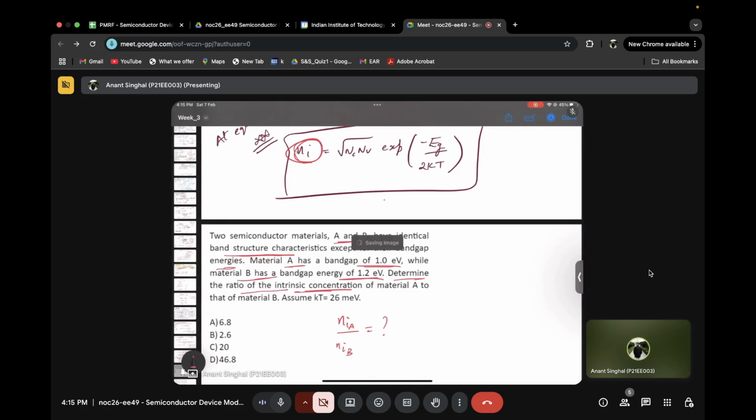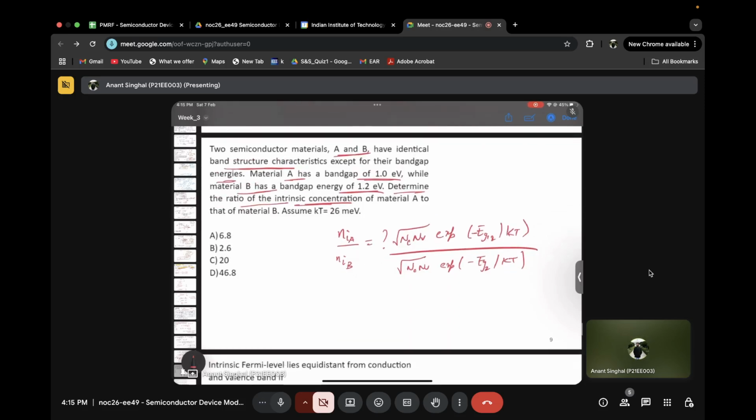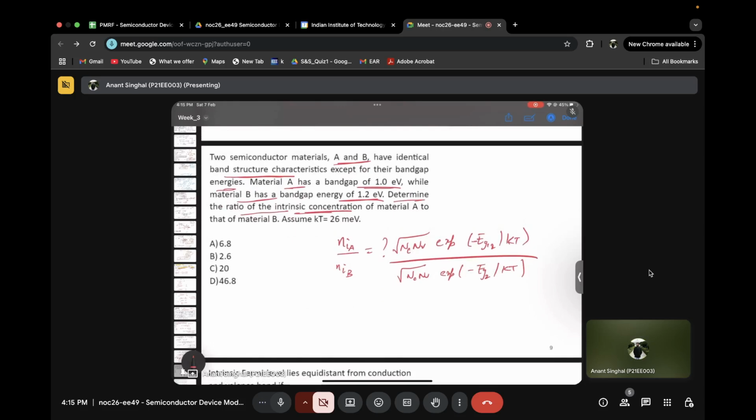Since they have identical band structure, can I write NcNv exponential of minus Eg1 over 2kT, because they have different band gaps, divided by NcNv exponential of minus Eg2 over 2kT? Can I write this? Yeah. So if I divide, the only term that we are left with is minus Eg1 plus Eg2 over kT, right?